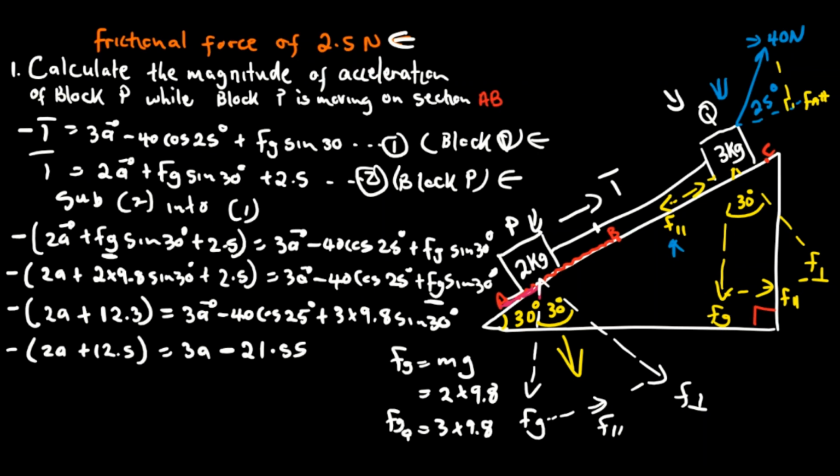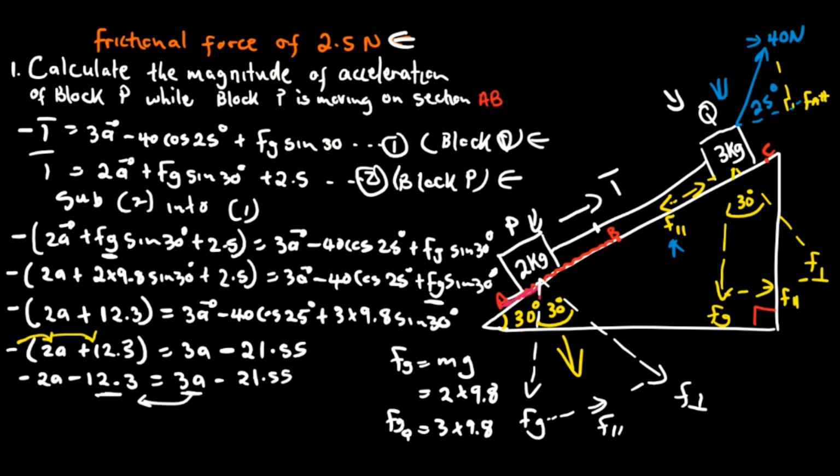Now we can multiply the negative inside, so what I'm getting is negative 2a minus 12.3 equals 3a minus 21.55.